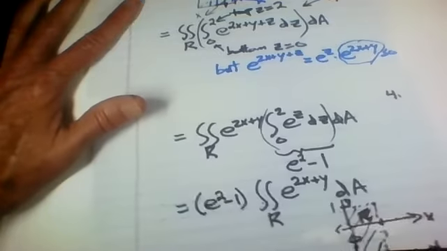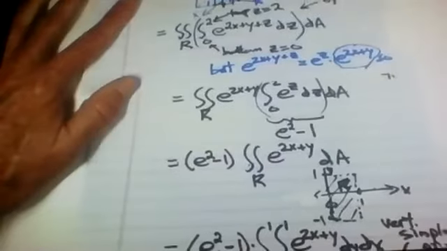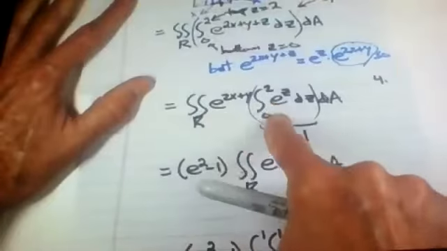This function is treated as a constant with this integral, right? It's a partial integral treating x and y as constant, so e to the 2x plus y is just a constant within this integration. I can pull it out of this inside integral and rewrite this as the double integral of e to the 2x plus y, pulled out, and then just integrate from 0 to 2 e to the z dz.